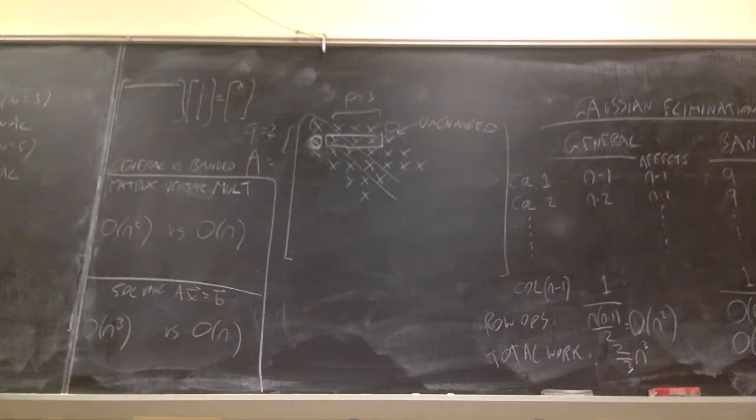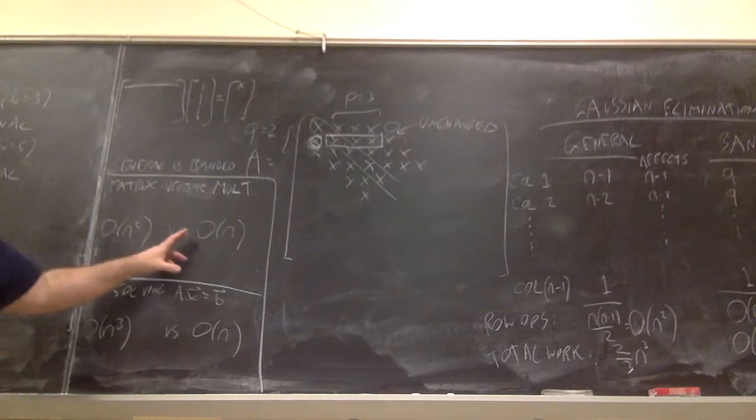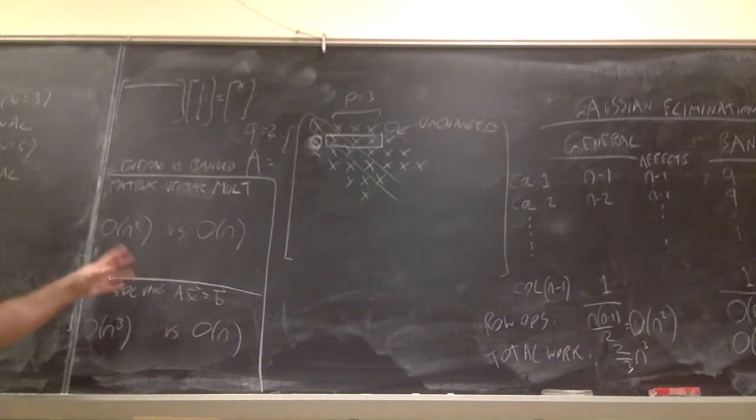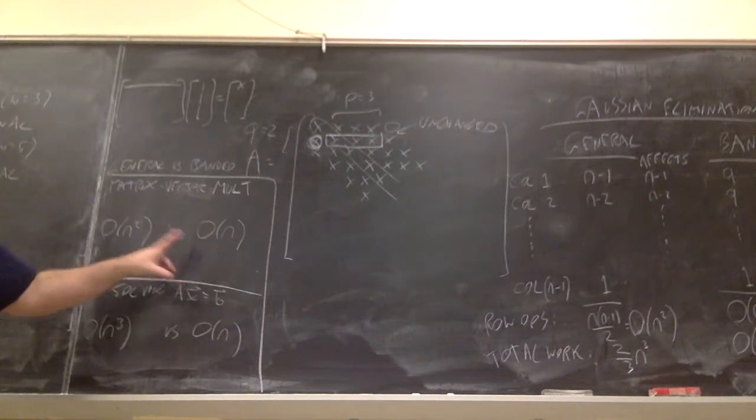But the real point I want to make is, if we forget about any constants like P, Q, or W, for orders of magnitude of n, for an n by n matrix in the general case, matrix vector multiplication is much cheaper than solving a system of equations. So we try to avoid this situation. We prefer methods that involve matrix vector multiplication. But when you're dealing with banded matrices, the whole calculus changes, because now these two operations have the same order of complexity.